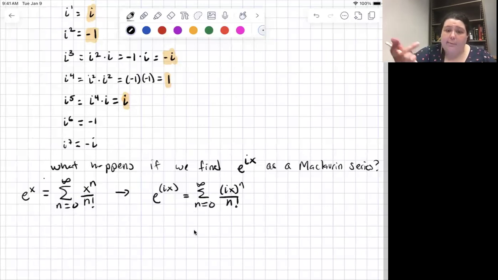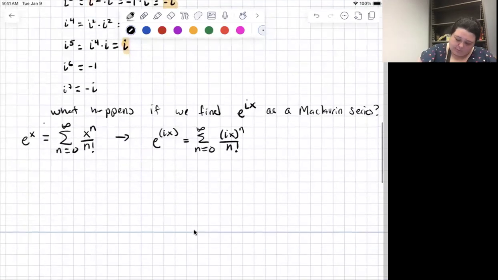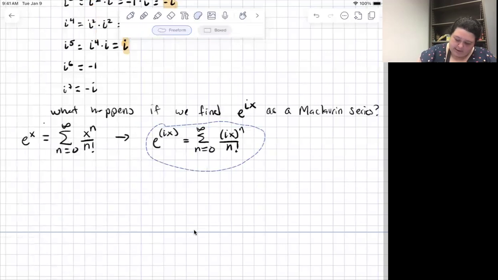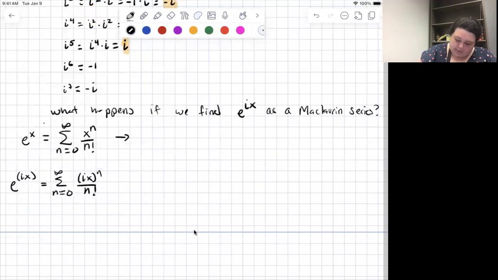So let's see what happens when we start writing out these terms. I'm going to move this here so I can just start writing the terms out side by side. So again, we have 1 as our first term. We end up having ix over 1 factorial. We have i squared x squared over 2 factorial.